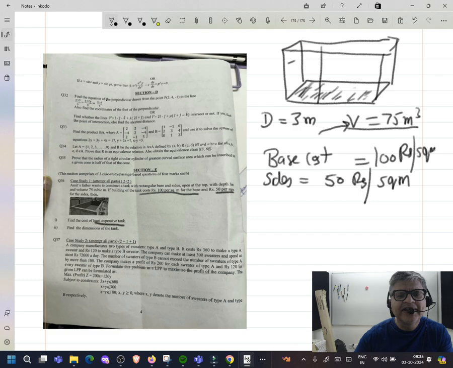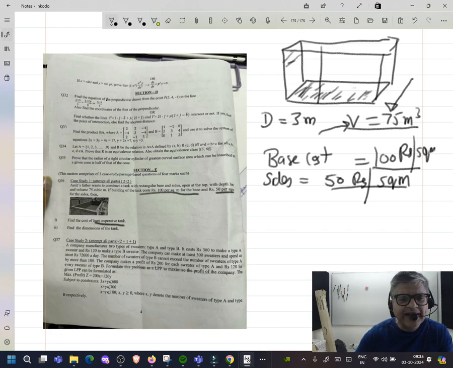Now, see, the volume is fixed. This is the volume we need. We are going to go to the market and we need to decide how much it costs to build this tank, and the cost is coming from the material. So for a fixed volume, how much material do we need, which means how much area will we need, right?